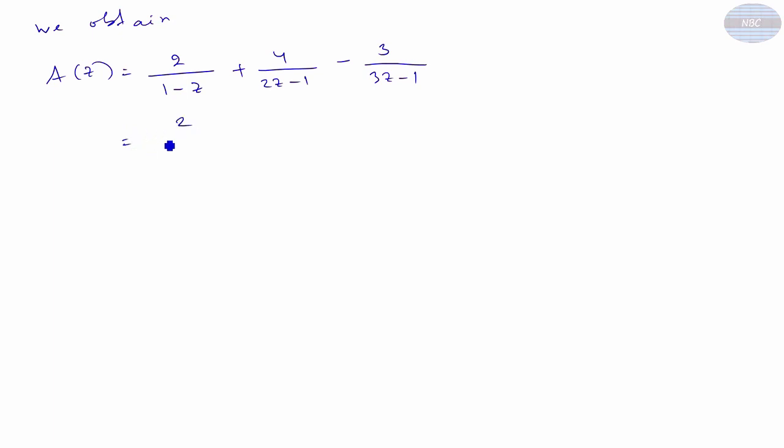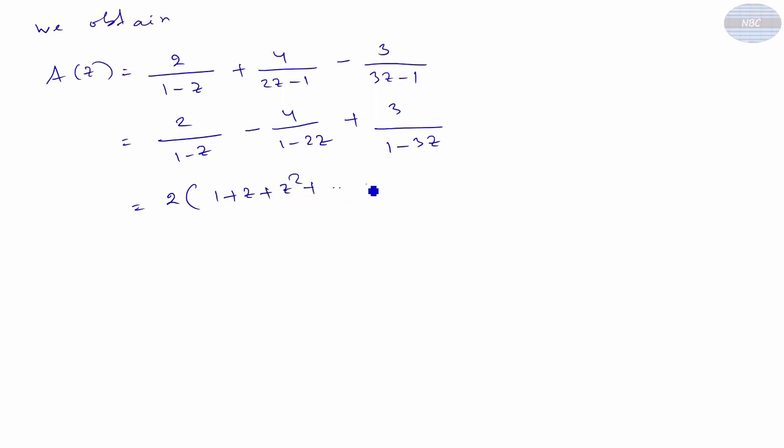Okay, so it is simplified as 2 divided by 1 minus z, minus 4 is taken as common, so the denominator will be 4 divided by 1 minus 2z. Similarly here minus is taken as common, so this is 3 divided by 1 minus 3z. Okay, so we have 2 into 1 divided by 1 minus z, which can be written as 1 plus z plus z square plus and so on, z to the power r.